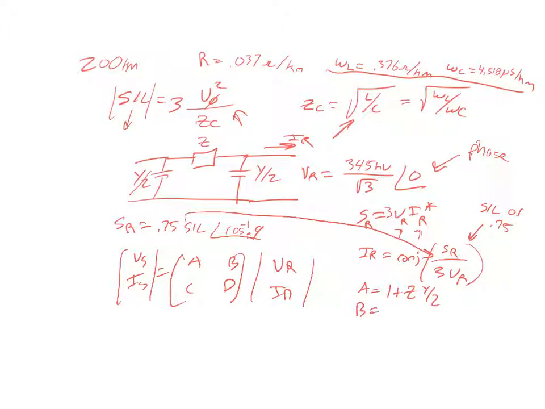B is equal to Z. C is equal to Y times 1 plus Z over 2 times Y over 2, and our D is the same as A. Now, we have the ABCD parameters, but they're written in terms of the entire length of line.